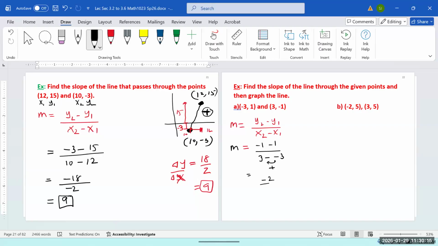So we have negative 2/3. Sorry, 6. Oh, sorry, I meant 3 plus 3. And then negative 2/6. Which one is bigger, numerator or denominator? Denominator. So it's 3 has to be on the denominator.